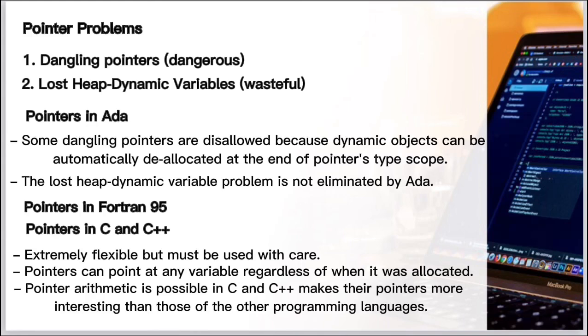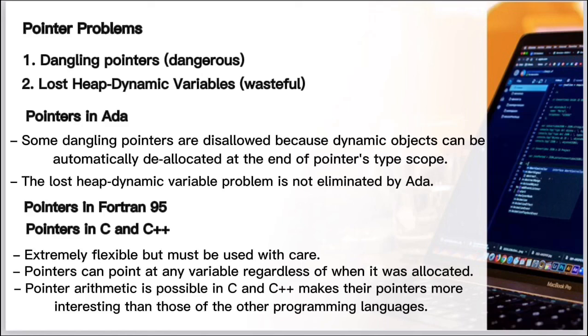Pointers in Fortran 95 are extremely flexible but must be used with care. Pointers can be pointed at any variable regardless of when it was allocated. Pointer arithmetic is possible in C and C++, which makes their pointers more interesting than those of other programming languages.